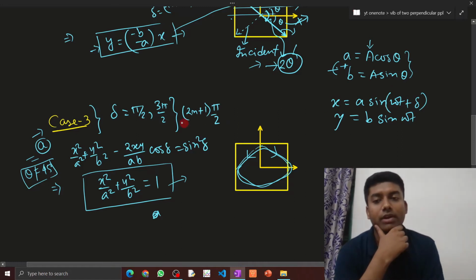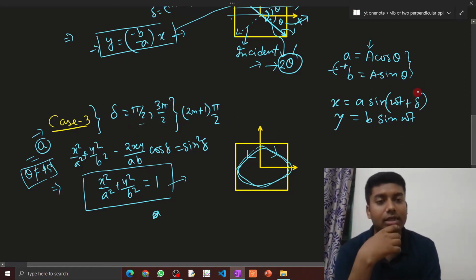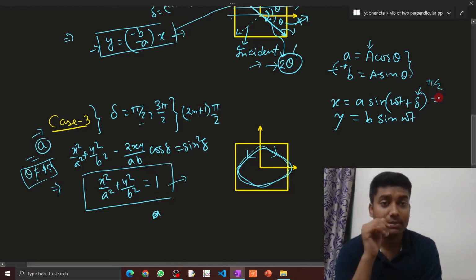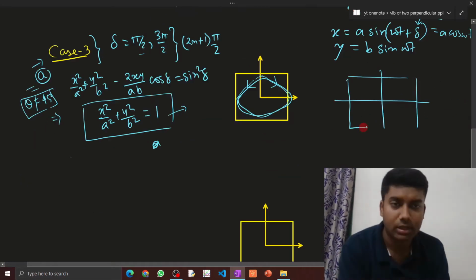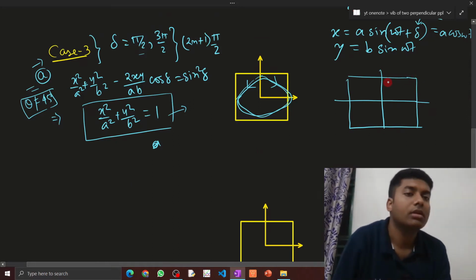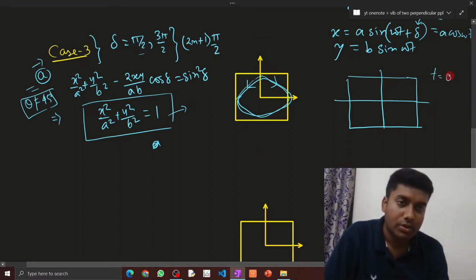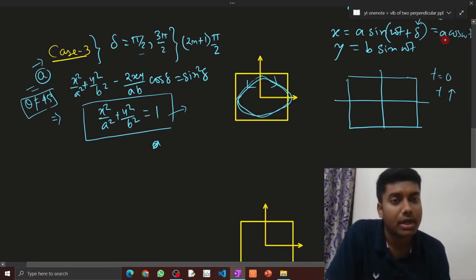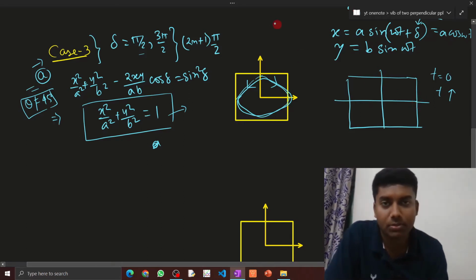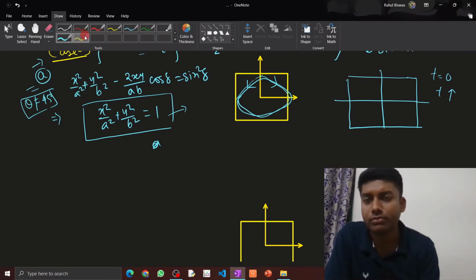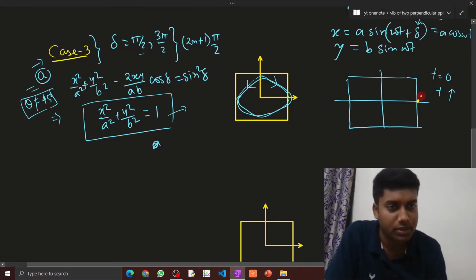Now putting the value of delta, here delta is pi by 2, so this will be b cos of omega t. Now at t equals 0, x will be a and y will be 0. So this is a point. This will be our first point at t equals 0.